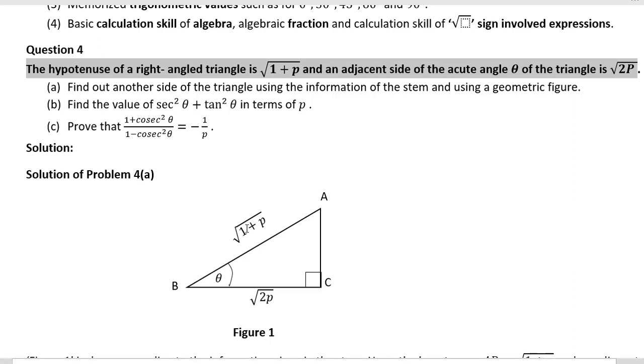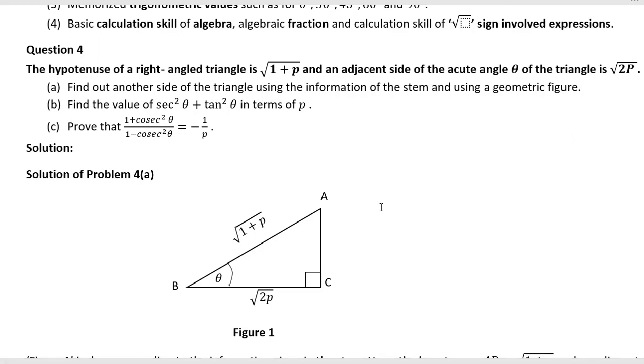So you know the relation from Pythagoras theorem. You might know that here AB square is equal to BC square plus AC square.